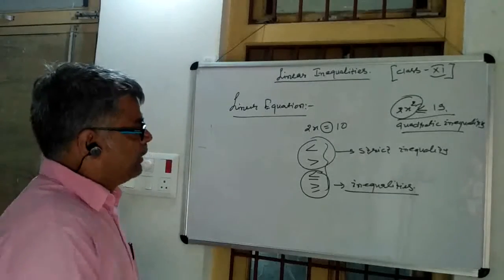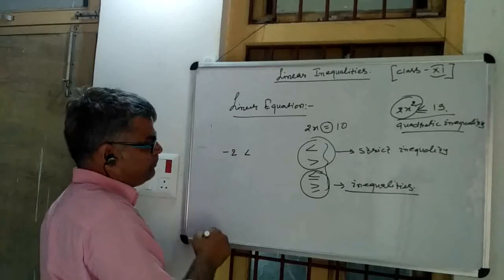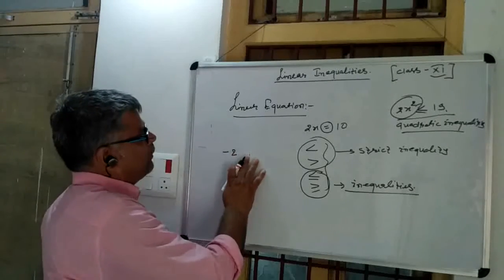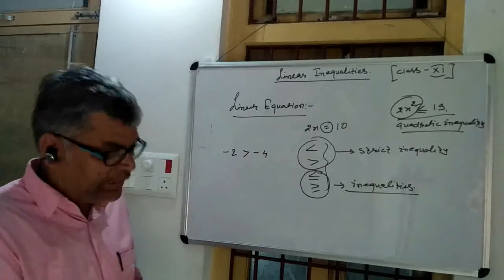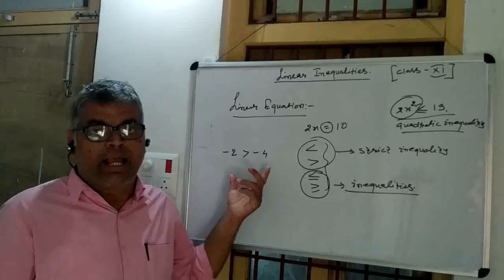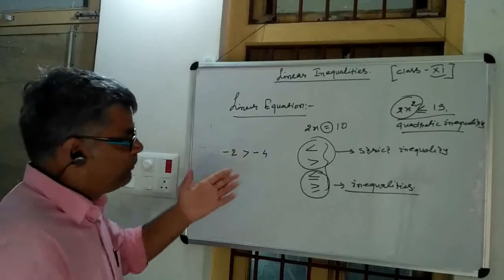Suppose -2 is greater than -4. This is an inequality having numerical values only, there is no variable.